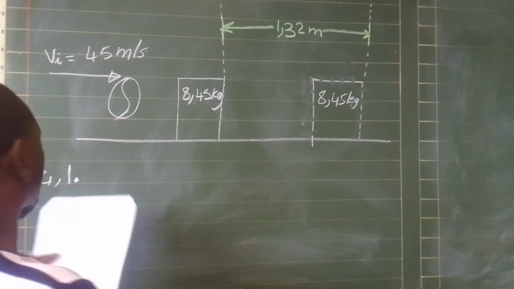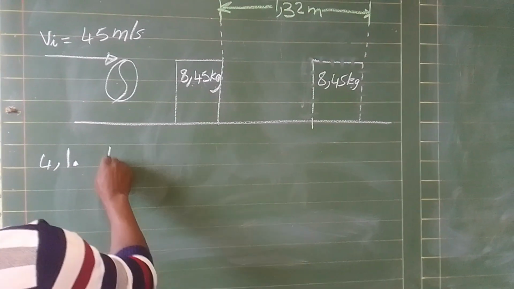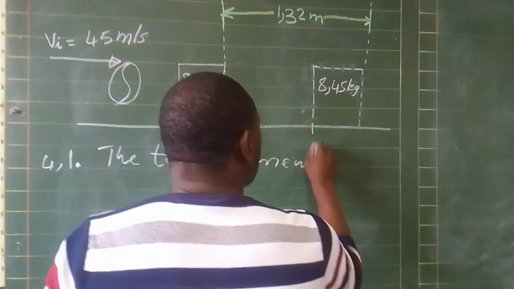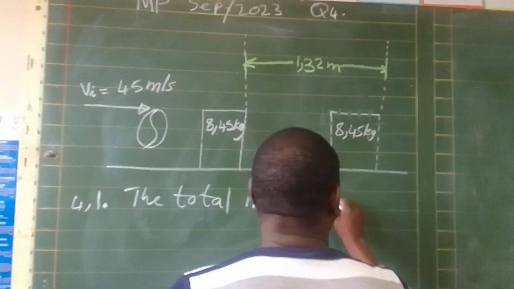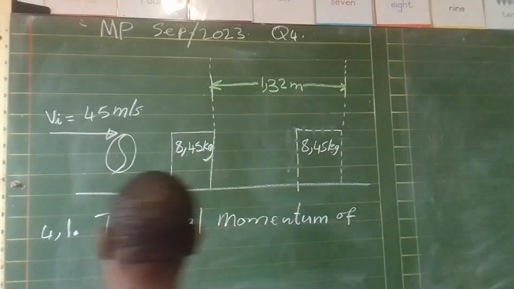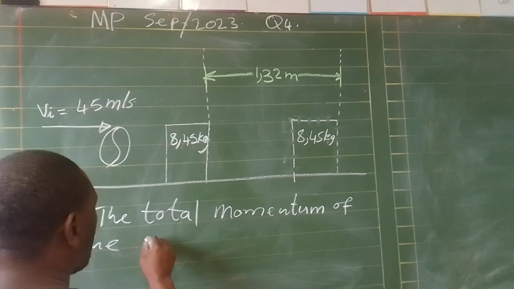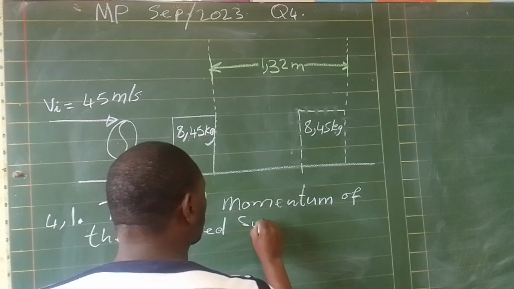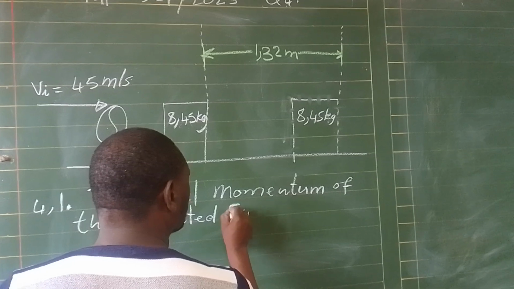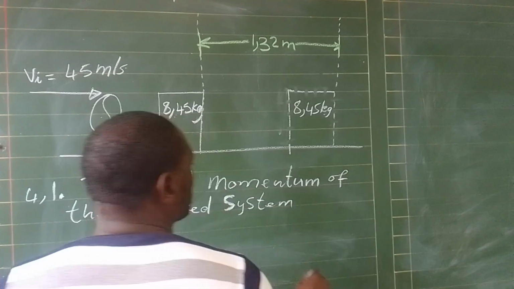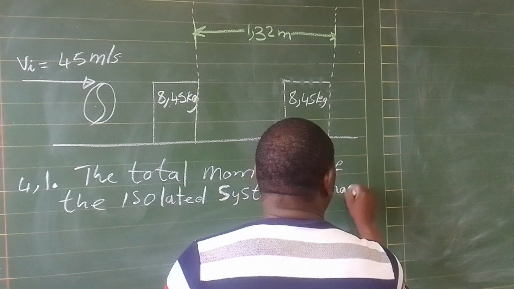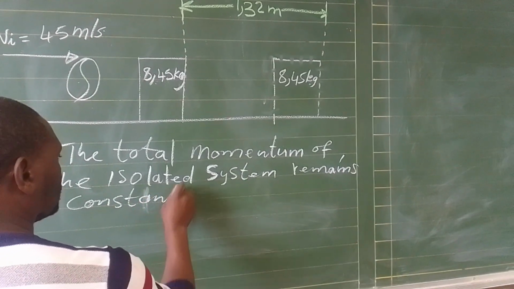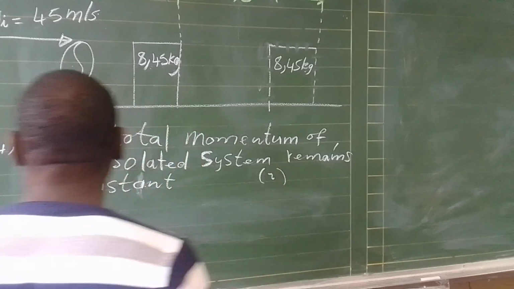The total momentum of an isolated system remains constant. This is your 2 marks.